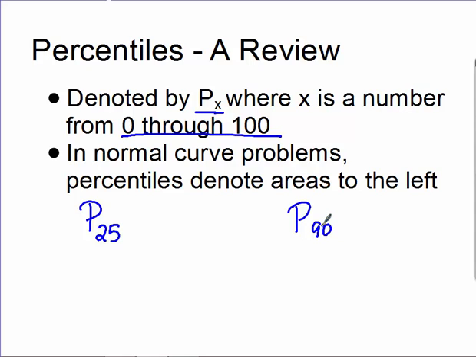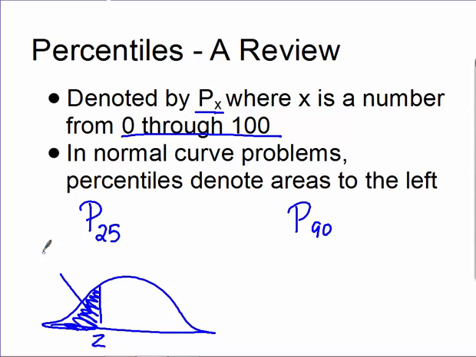The normal curve problems actually denote the area to the left. So if I have the 25th percentile, that means I'm finding the area to the left of some z-score where that area is equal to 25%, or 0.2500.